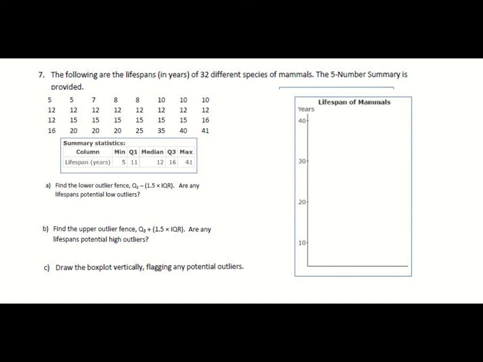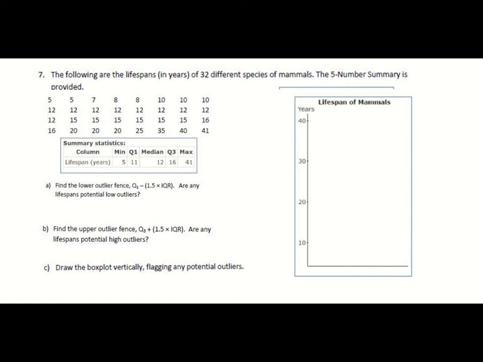Okay, so number 7, the following are lifespans of 32 different species of mammals. The 5-number summary is provided. So they're giving you the 5-number summary for all the data. So it says find the outlier fence.